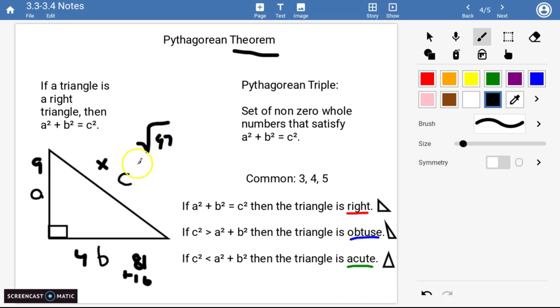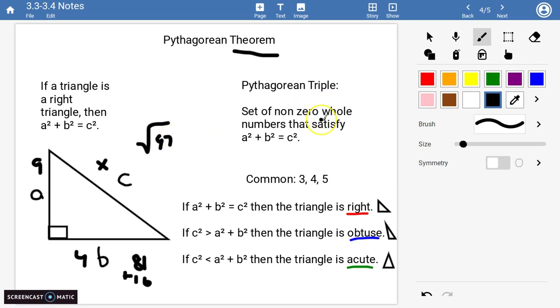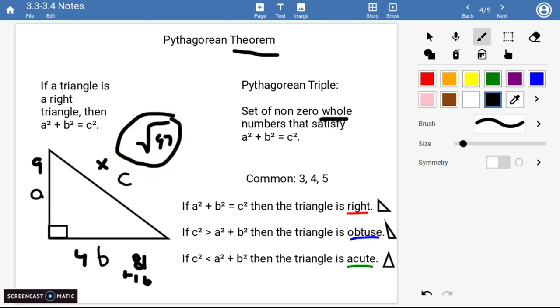And so now we have Pythagorean triple. This is a set of non-zero whole numbers that satisfy a squared plus b squared equals c squared. Now, what I just did in this example would not be a Pythagorean triple because, is this a non-zero number?